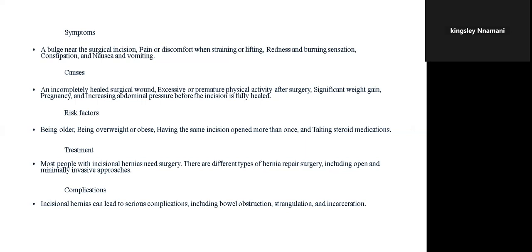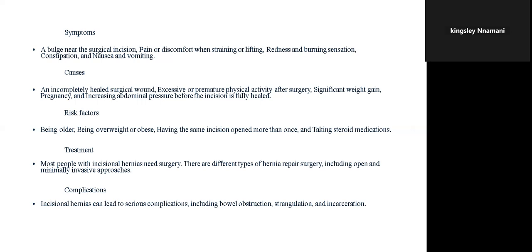What can cause it? Just like I said earlier, an incompletely healed surgical wound can cause it. Excessive or premature physical activity after surgery. You find some people after surgery, they begin to engage in some physical activity when they are meant to have left the surgical site to have healed.